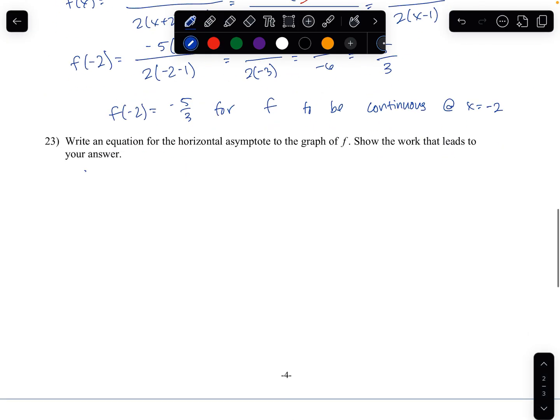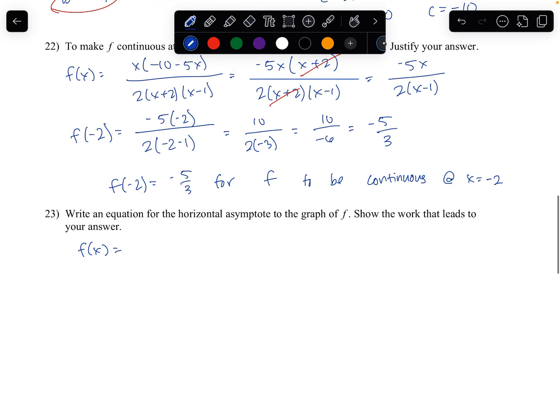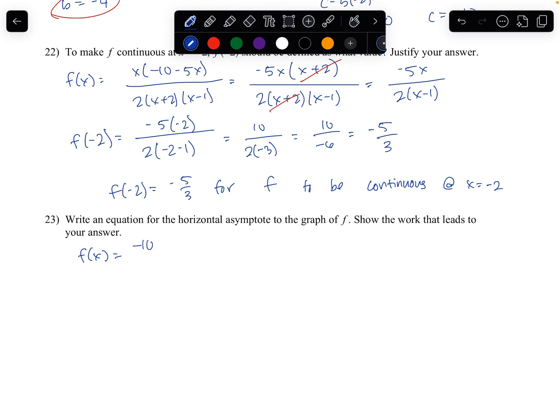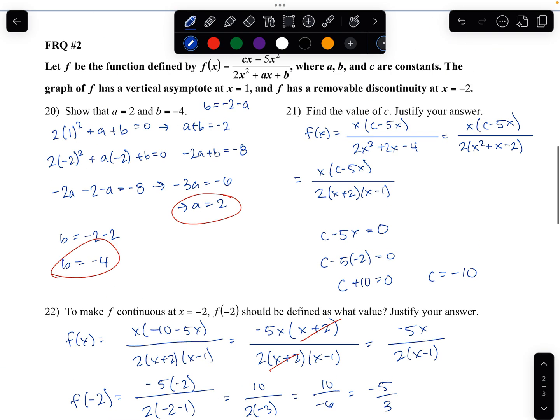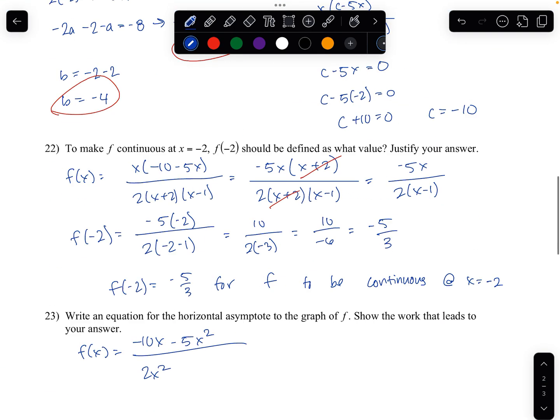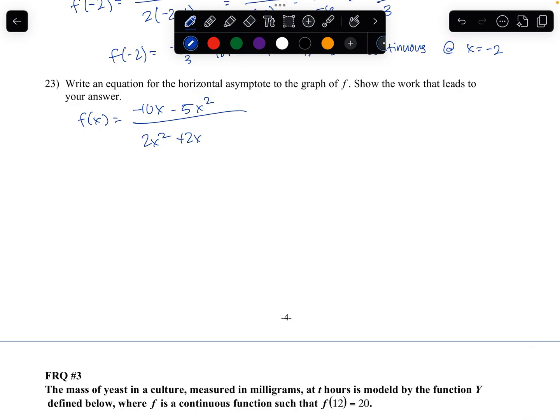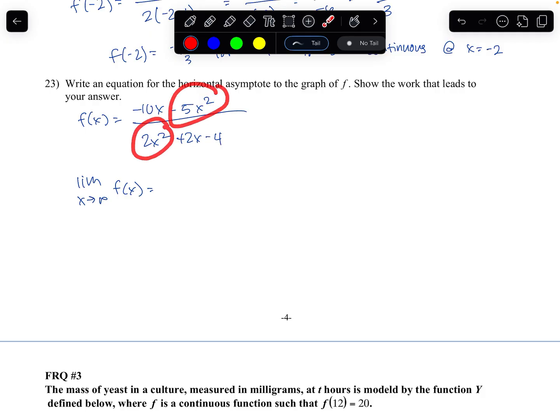So if we know that f of x is equal to, let's see, negative 10x minus 5x squared over 2x squared plus 2x minus 4. And if we do the limit as x approaches infinity of f of x, let's look at magnitude. So the leading terms are what we want to look at.